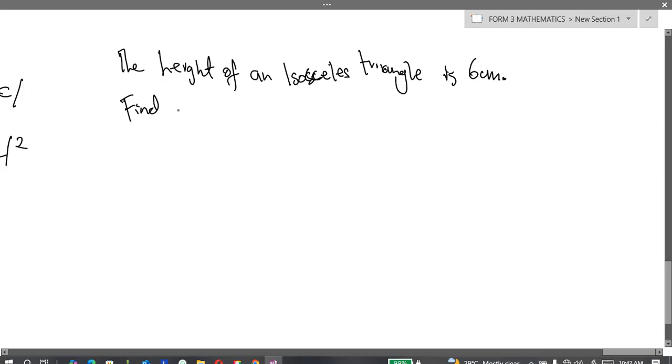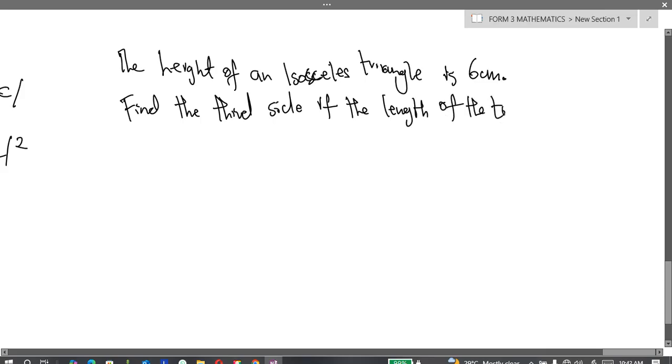Find the third side if the length of the two equal sides is 10 centimeters. So see the examiners, these are some of the questions they set.